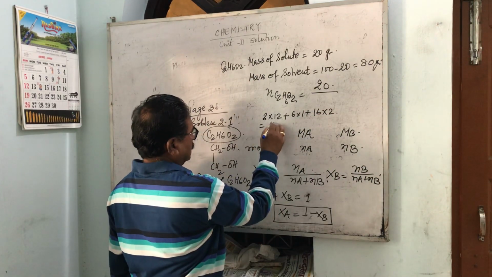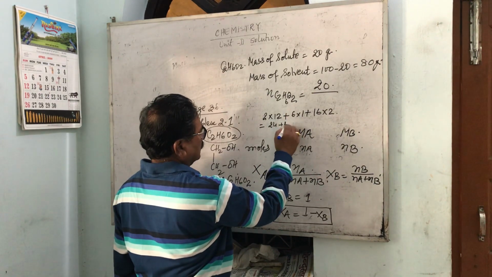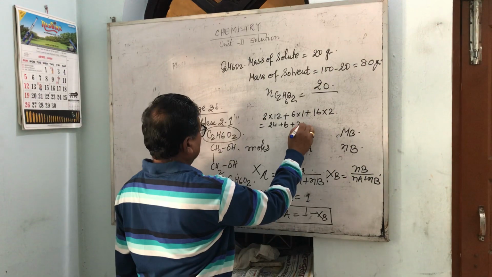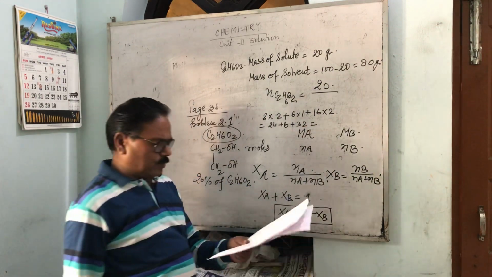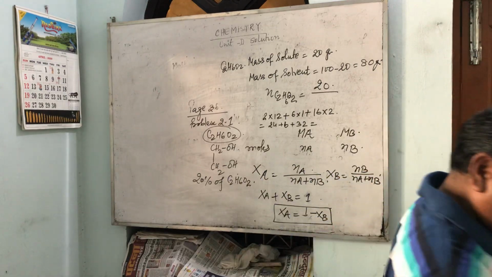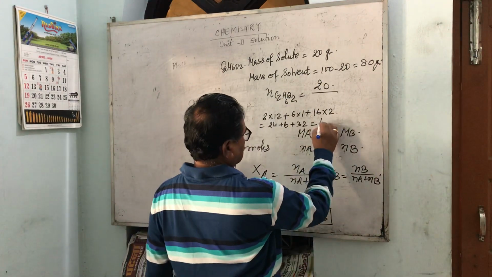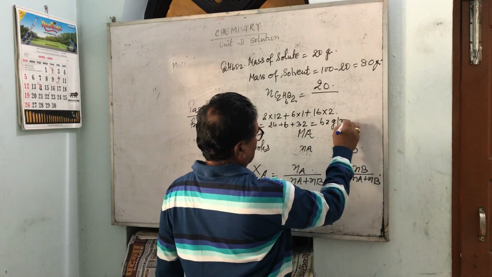So that is 24 plus 6 plus 32. So it comes to be exactly 62. It is exactly 62 gram per mole.